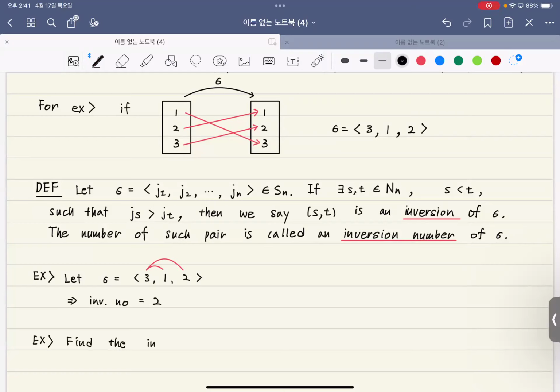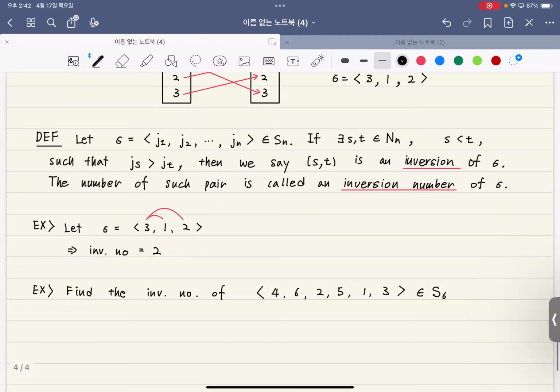Let me try just one more exercise. This is 4, 6, 2, 5, 1, and 3. I have 6 integers, so clearly this permutation belongs to S6. So how many inversions can you find? Let me try. 4 and 6, this is not an inversion, but 4, 2, this is an inversion.